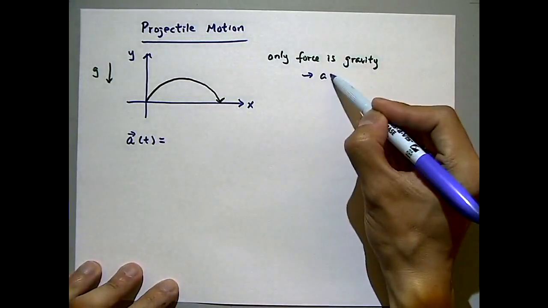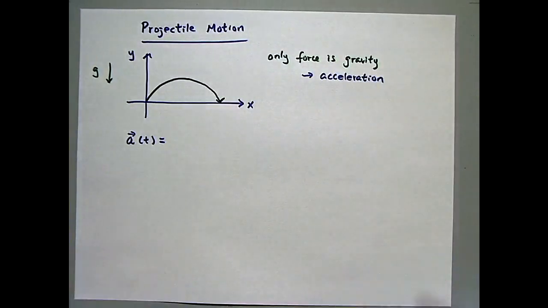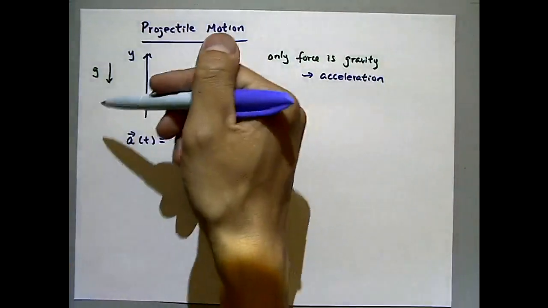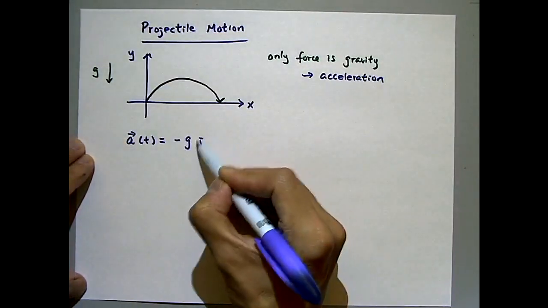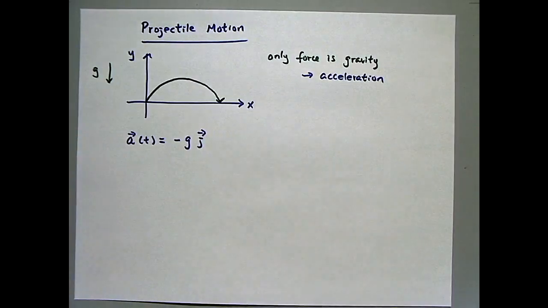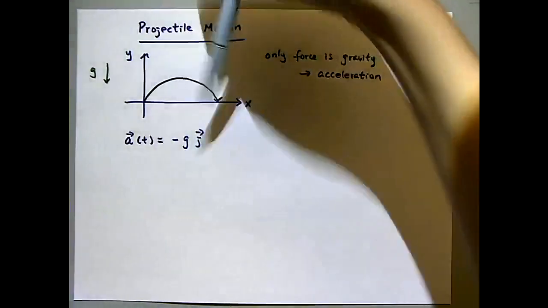Force and acceleration are the same thing because Newton told us that. Our acceleration vector here is negative g times j, because j goes in the up direction, so going down would be negative j. So the magnitude is g, 9.8 meters per second squared in SI units, in the negative j direction.